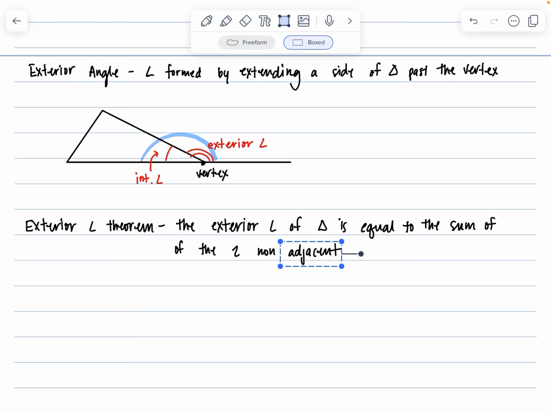This should probably be one word. Non-adjacent angles. So what does this mean?